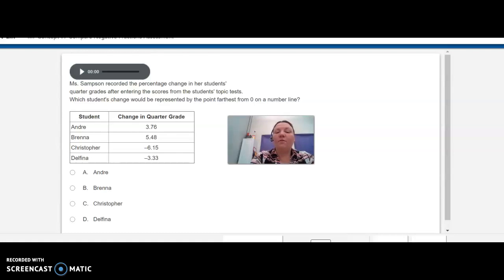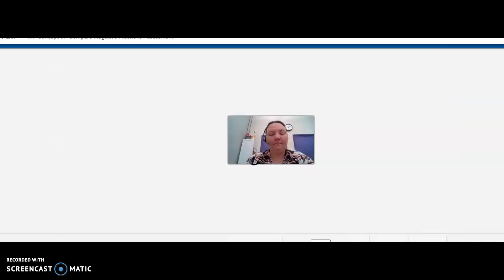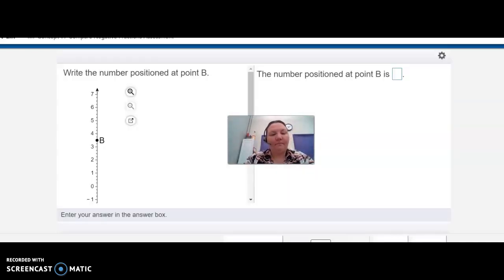So she's further to the right than Andre is. But Christopher, even though Christopher had a drop in score, he had the greatest change because he's the furthest from zero. So Christopher had the point farthest from zero, or the largest absolute value.